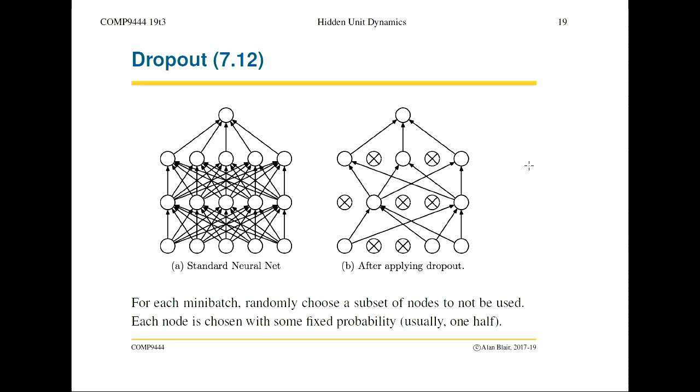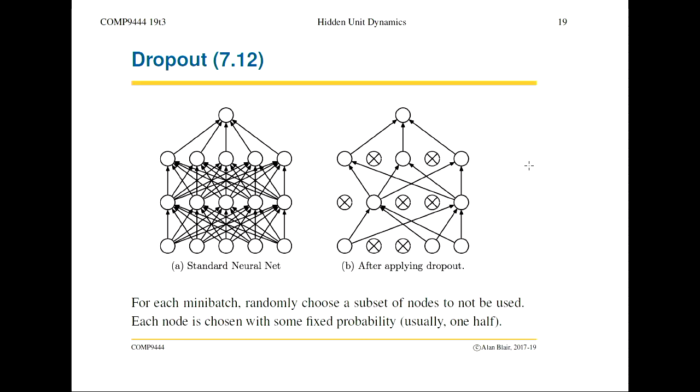So you train that mini batch with these nodes dropped out. And then when you get to the next mini batch, you choose a different subset of nodes to be dropped out. So every mini batch, you choose a different subset of nodes.